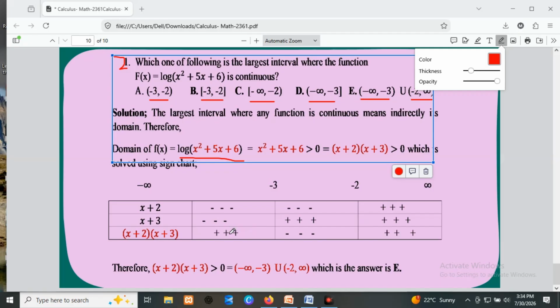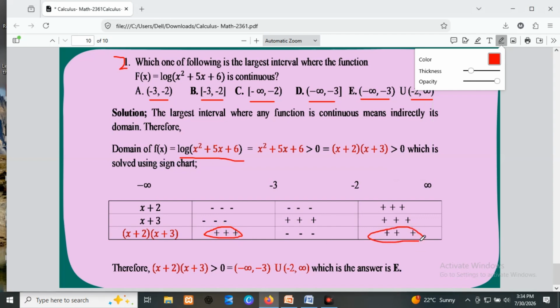For which intervals is the function greater than 0? We check the positive values, which are minus infinity up to minus 3, excluded, because the interval is open. Why? Because it is greater than only. If it were greater than or equal to, you would use a closed interval as in example 1, but this one is greater than only, so it represents an open interval.